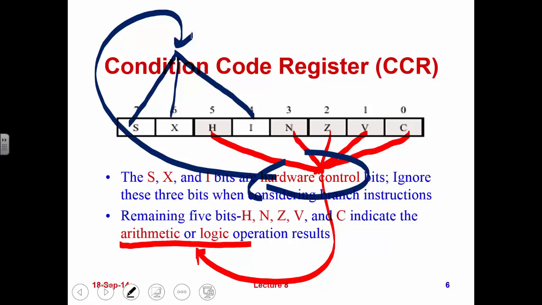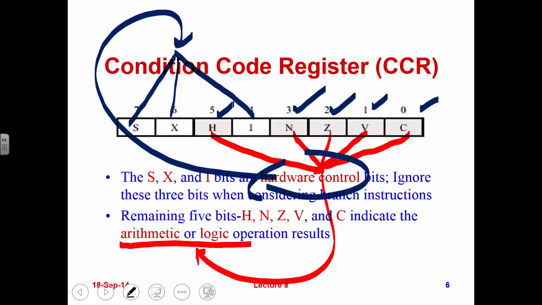So we can simply ignore the values of these 3 bits when we deal with branch instructions. In other words, those 3 bits do not affect our decision about a branch. The bits we need to check, which really affect how we branch, are these 5 bits: C the carry bit, V overflow, Z zero bit, N negative bit, and H half carry.